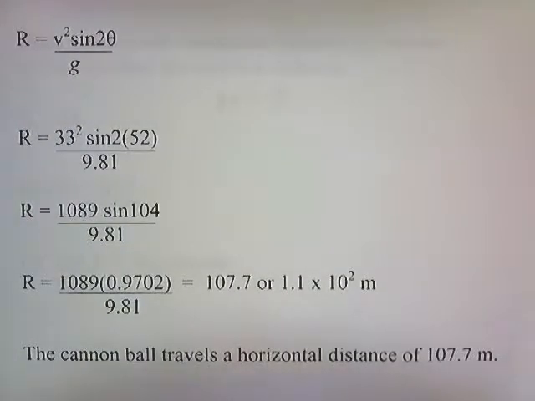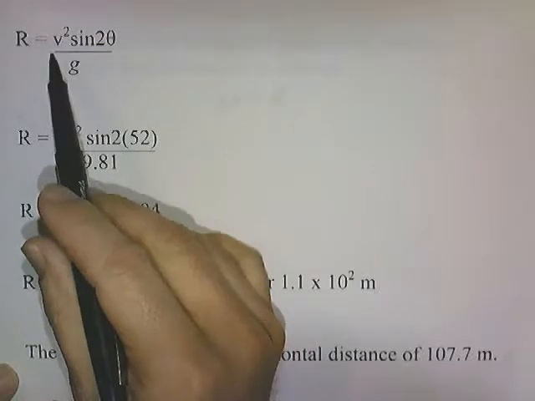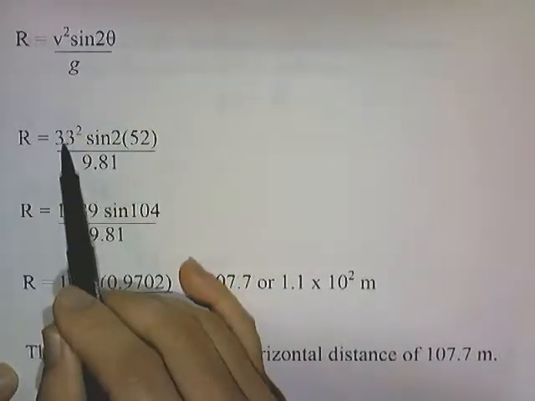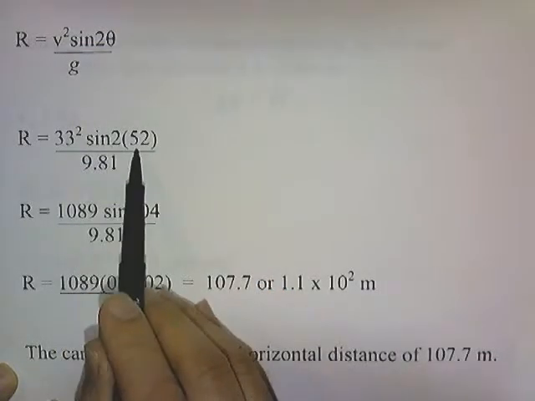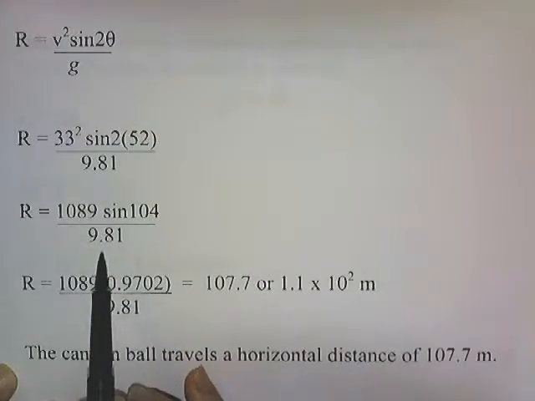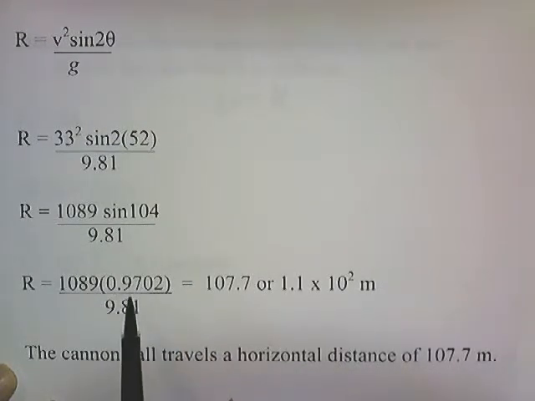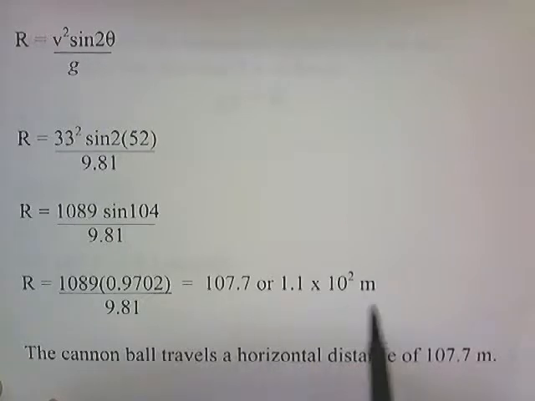All right, so let's use the range formula to find the maximum horizontal range. V squared is 33 squared, which is 1089, and sine of 2 times 52, which is sine of 104, gives 0.9702. 1089 times 0.9702 divided by 9.81 gives us 107.7, or 1.1 times 10 to the 2 meters, rounded to 2 significant digits.